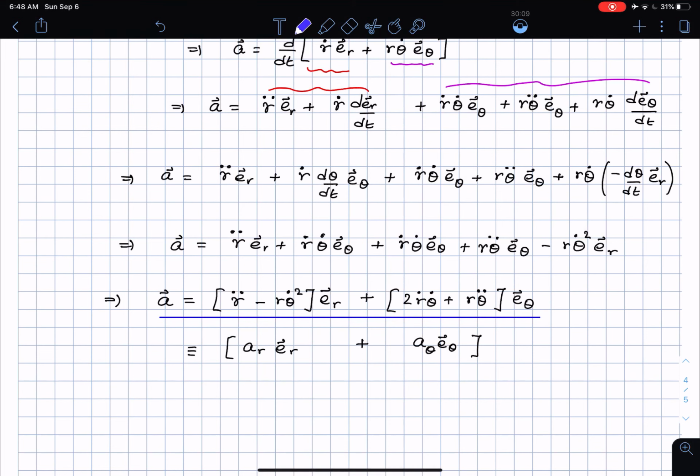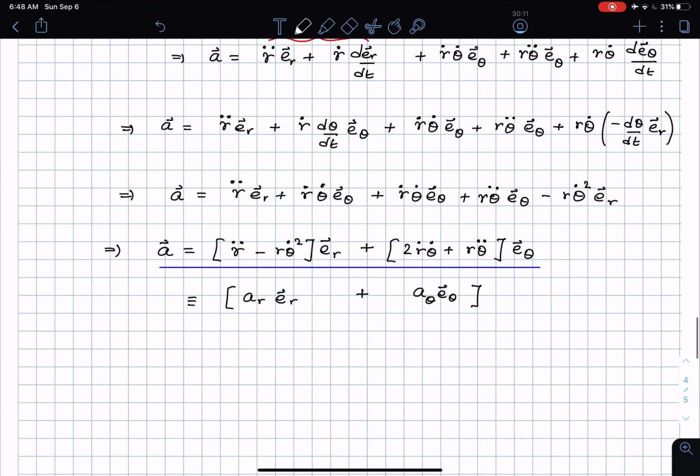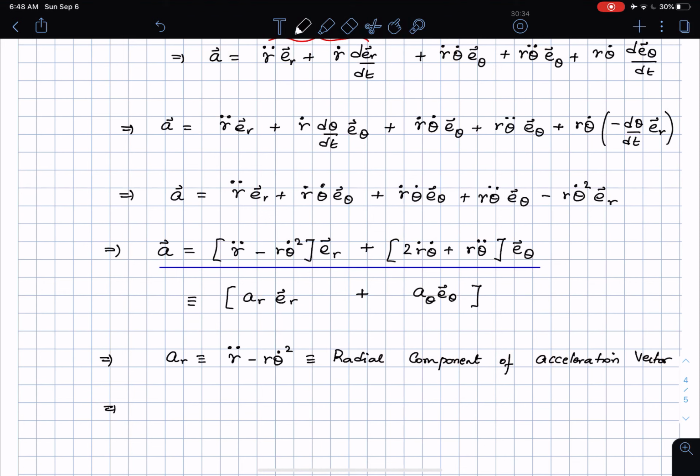If I compare it with the general vector form of writing it, I can see that ar, which is r double dot minus r theta dot square, is called the radial component of the acceleration vector, and a theta, which is 2 r dot theta dot plus r theta double dot, is called the transverse component of the acceleration vector.